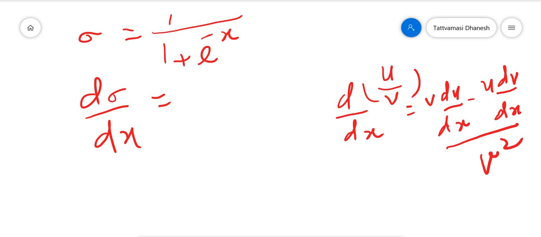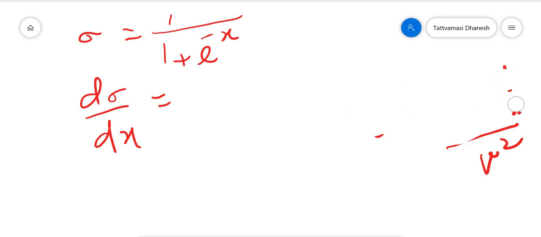You have the product rule as well in calculus. So this is the quotient rule we use, and by using this rule you can calculate the derivative of this.